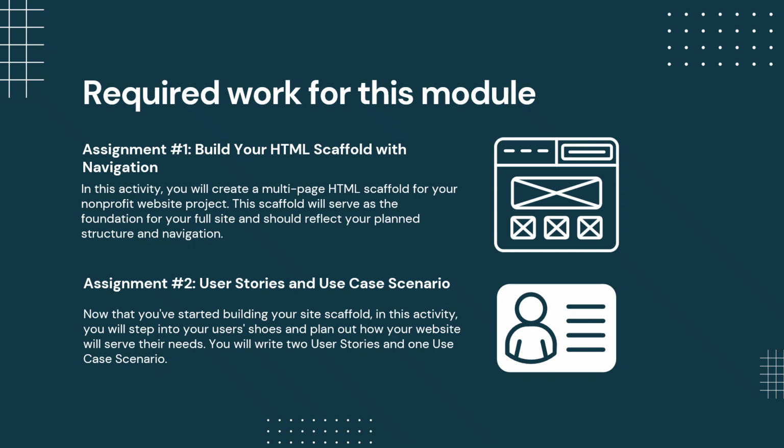For your second assignment, this is where you're going to start stepping into the user's shoes and planning out how the website is going to serve their needs. So you're going to be writing 2 user stories and 1 use case scenario. Now, detailed information about both of the assignments, of course, is found in the course room.